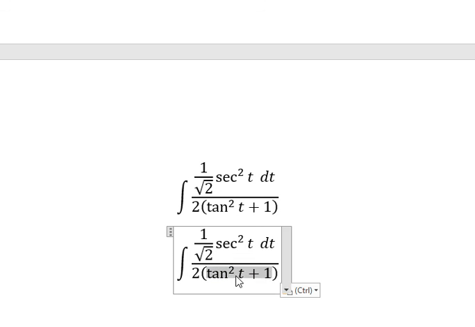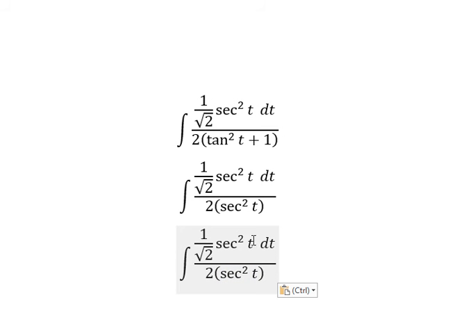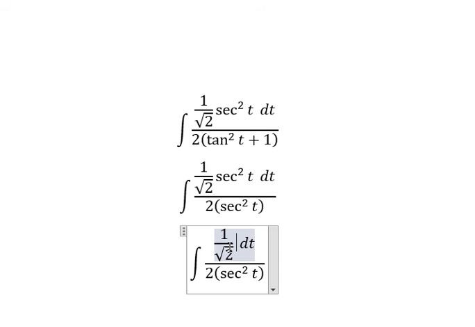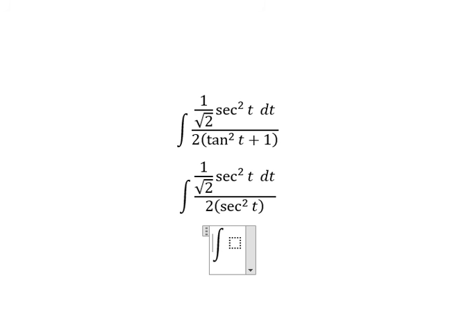So this one we have secant of t square. We simplify secant of t square on numerator and denominator. Now we simplify this one, and we got about the square root of number 2 over 4.